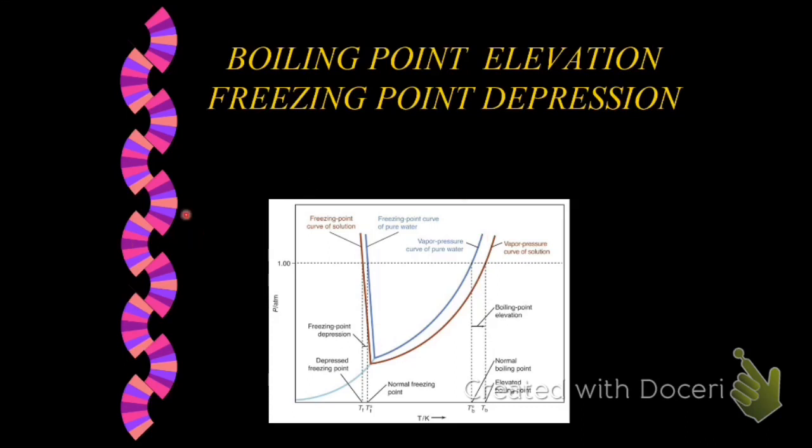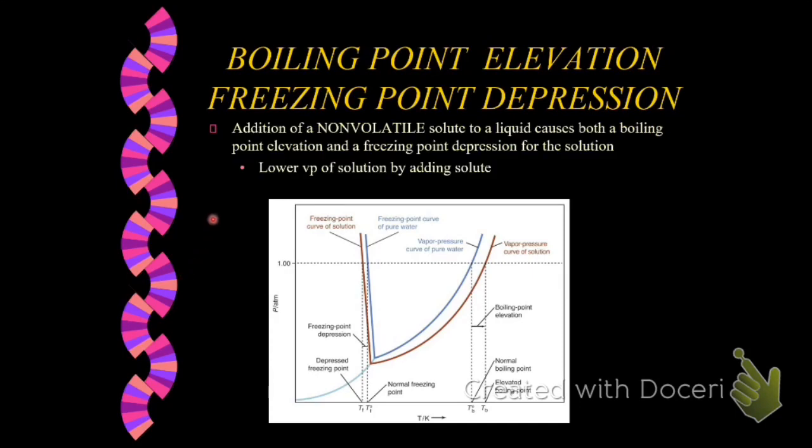Because we know that addition of any non-volatile solute will cause the vapor pressure to drop, we see that this red curve represents the vapor pressures for a solution. Notice it is lower than the blue curve on both ends.